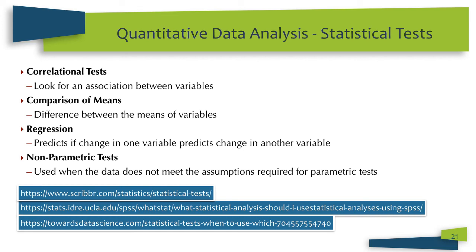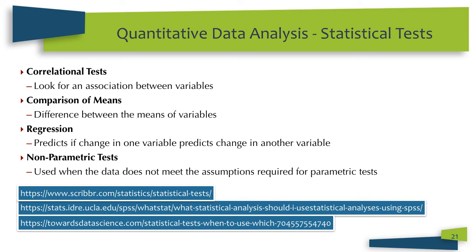Well, then there are many other statistical tests that you do on quantitative data. They can be grouped into basically four distinct groups. One is correlational tests, of which there are many, for example Pearson's correlation, which is done on continuous data, and the Spearman correlation test, which is done on data that is not continuous.